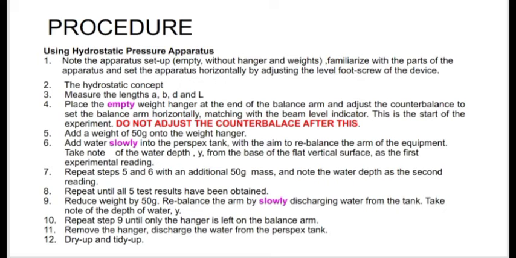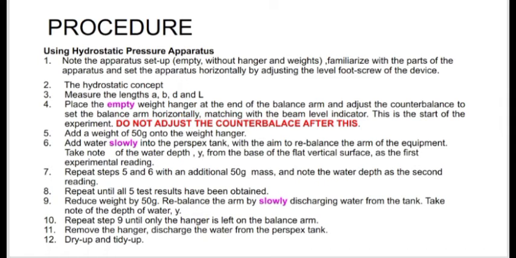Step 4, place the empty weight hanger at the end of the balance arm and adjust the counterbalance to set the balance arm horizontally, matching with the beam level indicator. This is the start of the experiment. Do not adjust the counterbalance after this. Step 5, add a weight of 50 g onto the weight hanger.